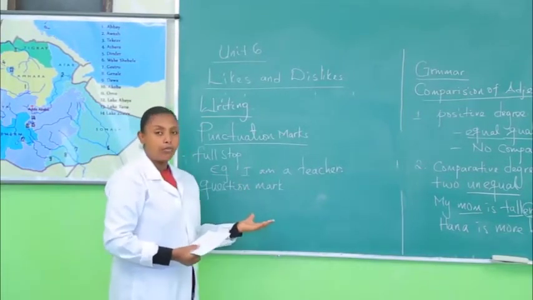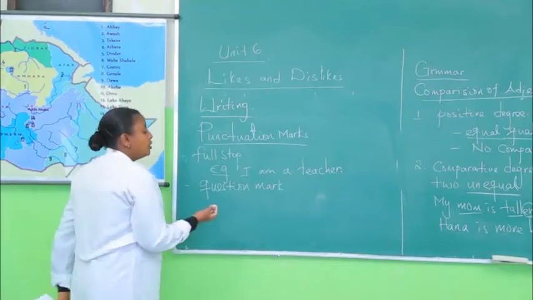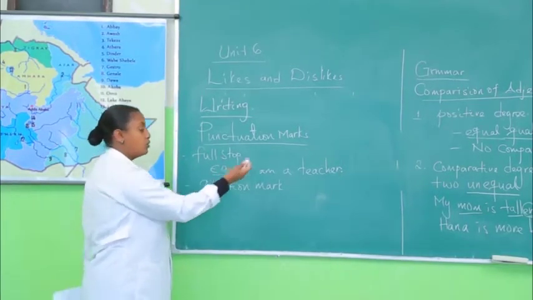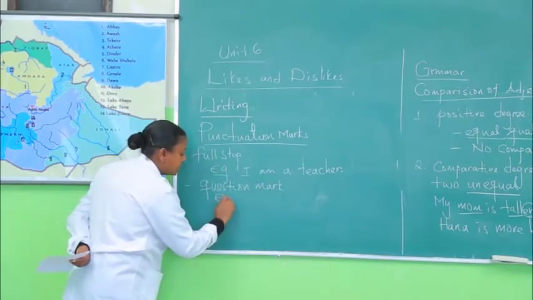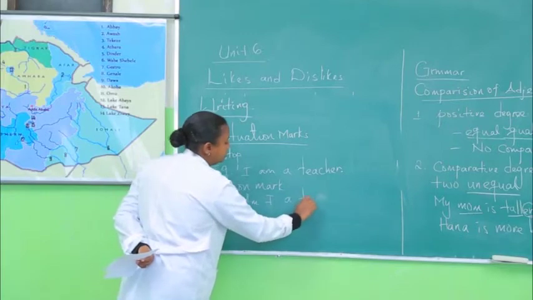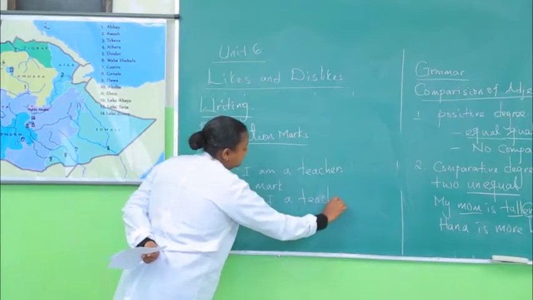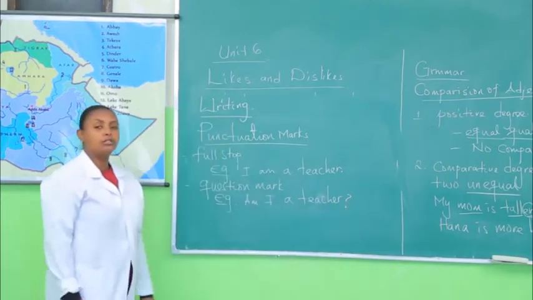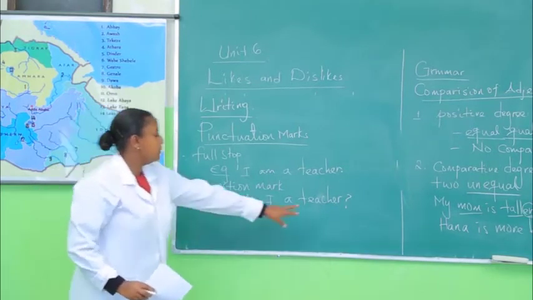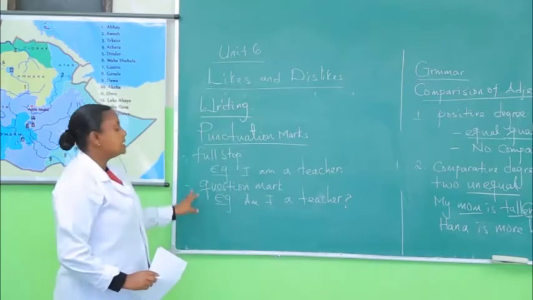This is also one type of sentence. So, if you are asking somebody a question, at the end, you are going to put a question mark. For example, am I a teacher? Now at the end, I will put a punctuation mark. So, what punctuation mark? Question mark. So, this is the second one.